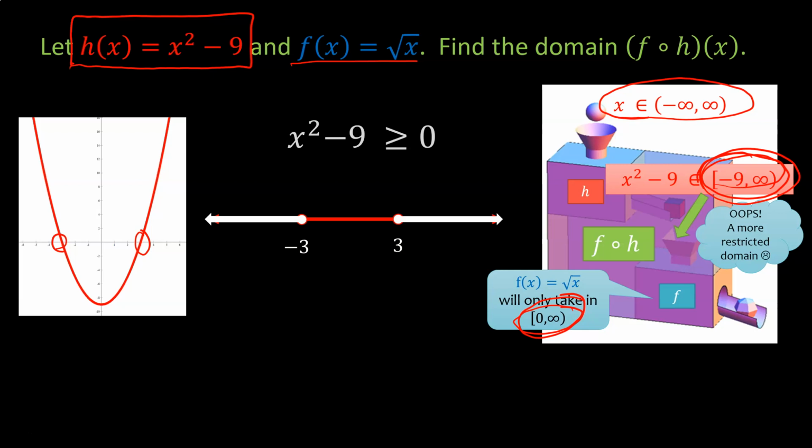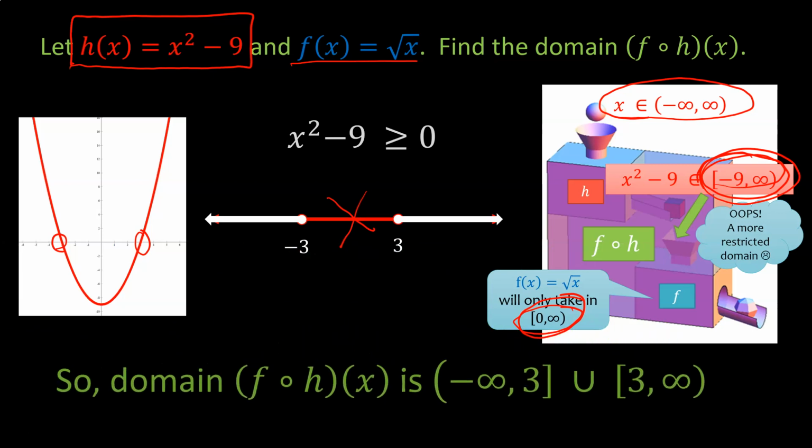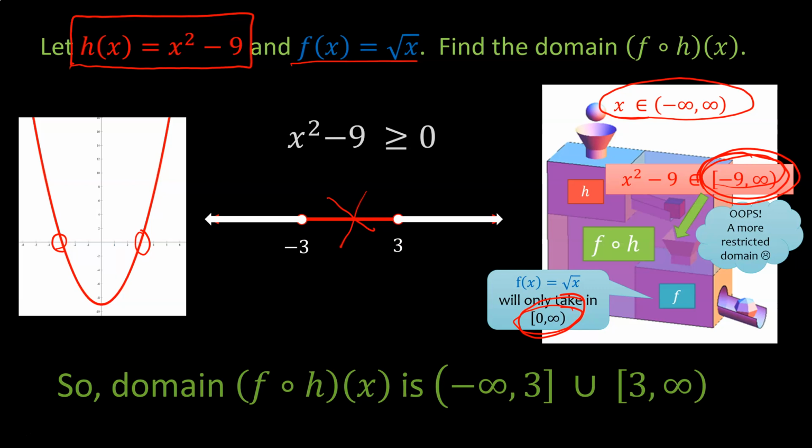And in order to do that, we have to throw out these values here. So the domain of the composite function f of h of x is going to be negative infinity to negative 3, including negative 3, and then 3 to infinity.